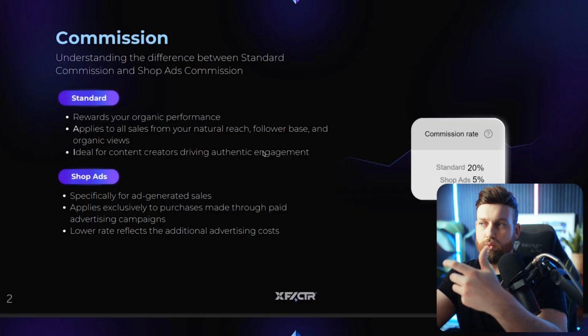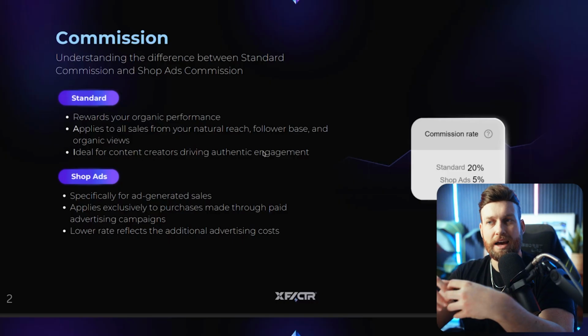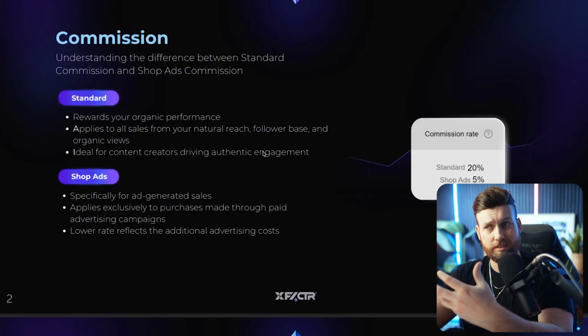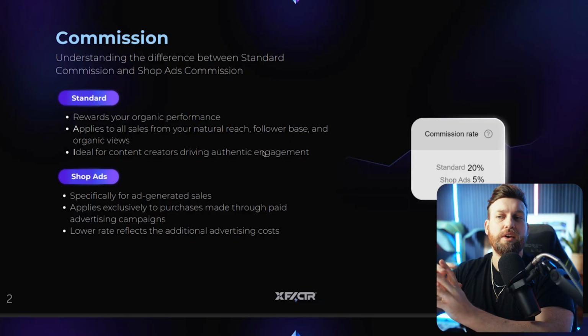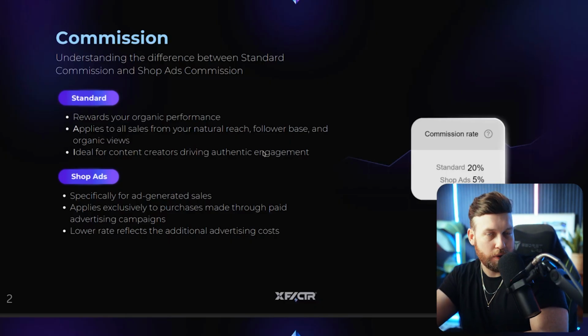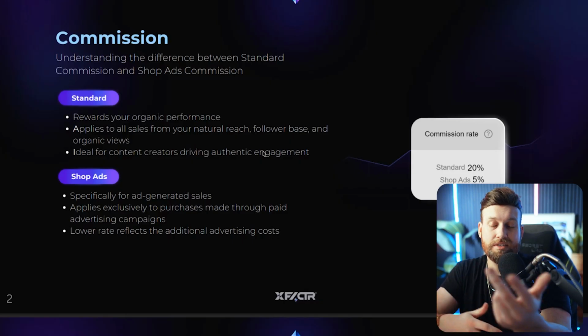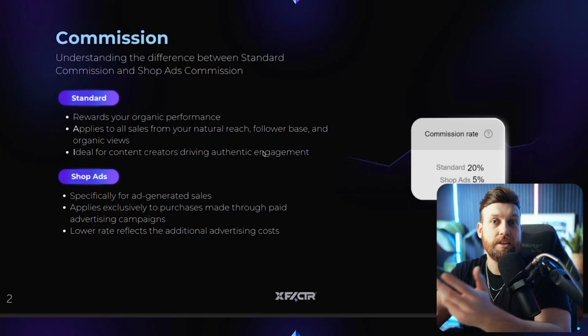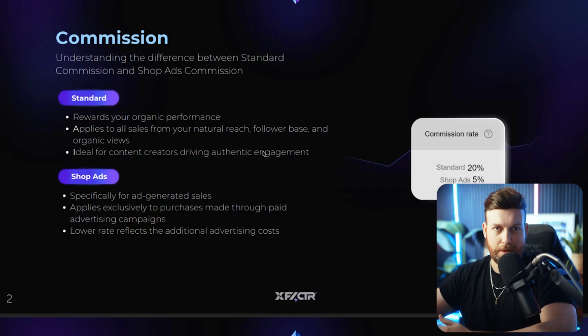So again, this is really where the impact of having people who have a large audience comes into play, because when you leverage people who have existing audiences, they can generate a higher commission and it doesn't cost you anything. There's no cost per acquisition, because the cost per acquisition is essentially whatever the commission is that the creator's getting, or whatever base fee that you've paid that creator before they make the piece of content.